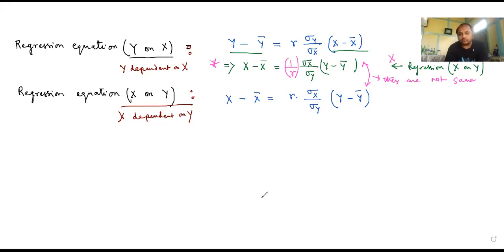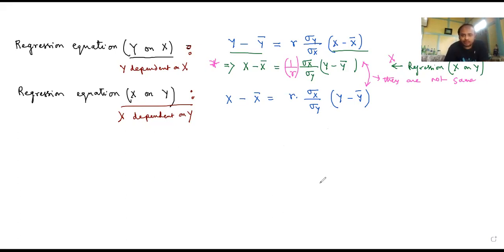There are two lines of regression. If you are treating the variable y to be the response variable and x to be the input variable, the first one is your equation. If you do the opposite, the reverse, then the second one is your objective. The second regression equation is what you want.